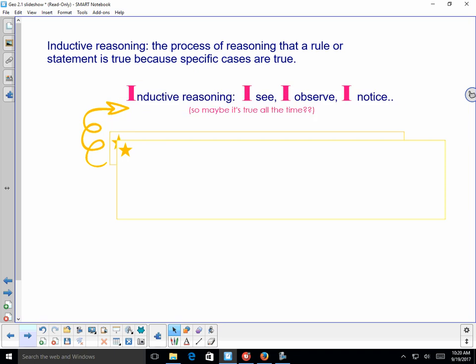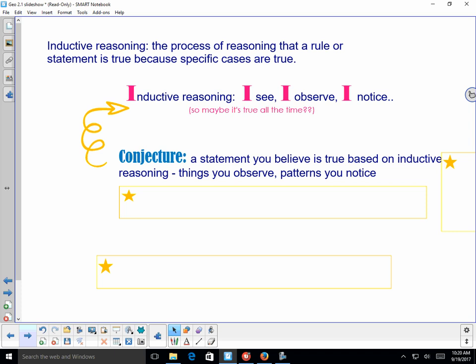To help you remember inductive reasoning, with a big capital I, think of it as I see, I observe, I notice. These are just observations that you're making, and you're coming up with some kind of statement about what you're observing. Is it true all the time? Not necessarily. Maybe it's true, maybe it's not. So that's inductive reasoning.